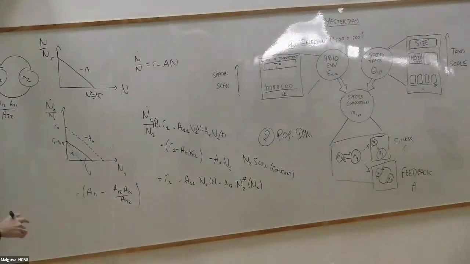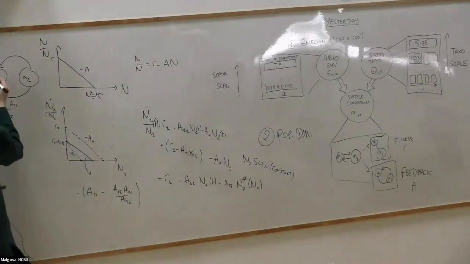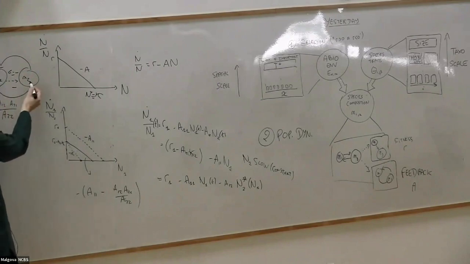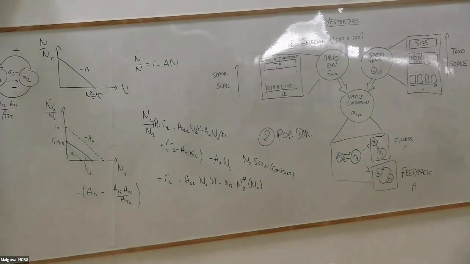So the thing that you see, for instance, in competition, one thing that it does is I'm self-limiting, I'm killing N2, and N2 is killing me, which means that as I'm killing N2, I'm having a positive feedback on myself, right? If I'm killing my competitors, I'm making the world better for myself. So in fact, in the competition situation, the feedback through the other is a positive feedback.